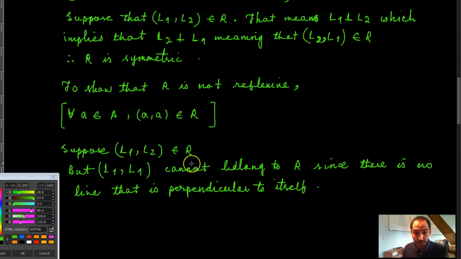Right? So there is no line that is perpendicular to itself.